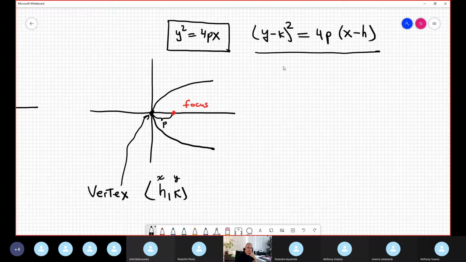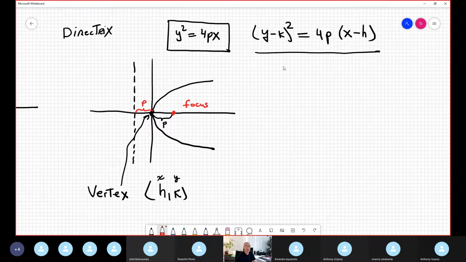And we have directrix. Directrix is a line. No es asymptote, it's a line que somehow characterize the parabola. Is in this case vertical. It's vertical, and the distance from the vertex and the directrix is also p.